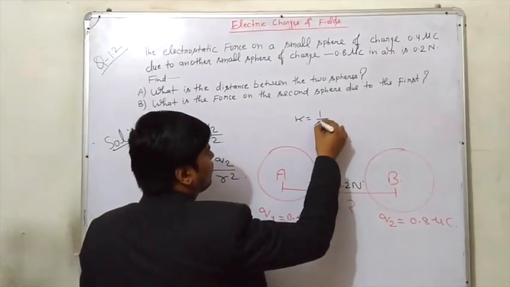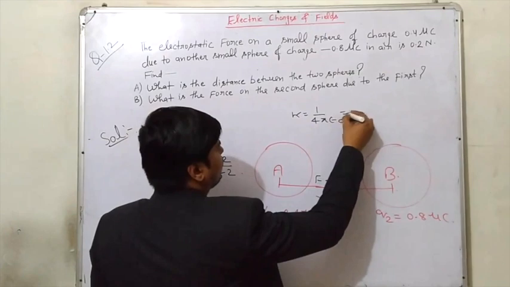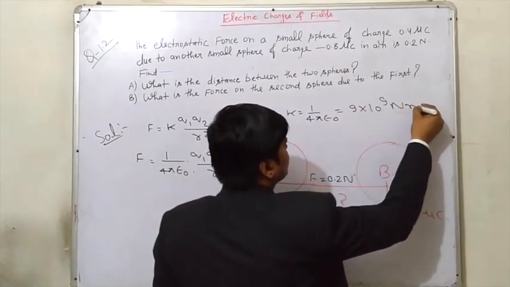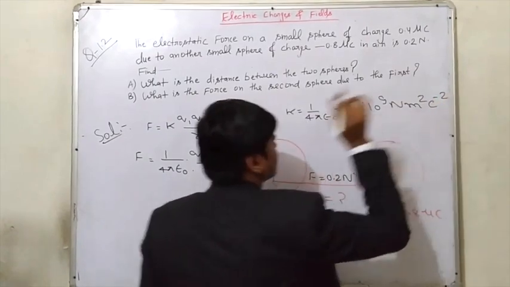K equal to 1 upon 4 pi epsilon naught, which equals 9 into 10 to the power 9 Newton meter square per coulomb square.